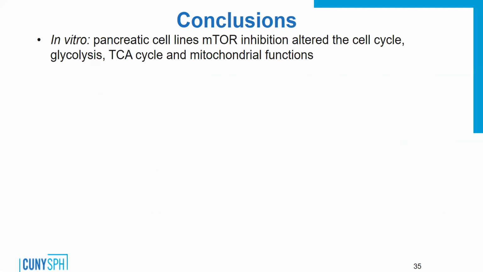So in conclusion, our in vitro data in cell culture suggests that mTOR inhibition by taurine-2, which inhibits complex 1 and complex 2, altered the cell cycle, and it altered glycolysis and TCA cycle, as well as mitochondrial functions, both the mitochondrial respiration and the rapid glycolysis and lactate production from acidification.